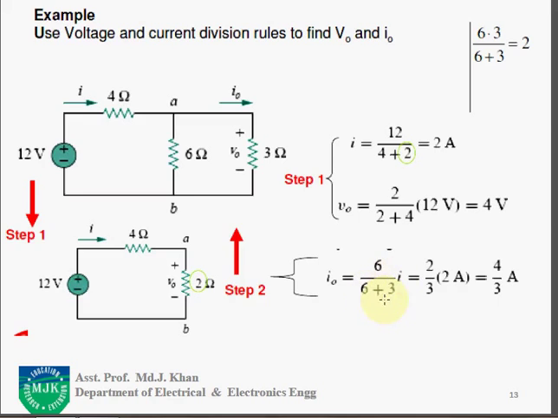Then 6 upon 6 plus 3, because I have to find the current I0 in this branch. So I into 6, the resistance of this branch, upon the total 6 plus 3, and I have got the answer.